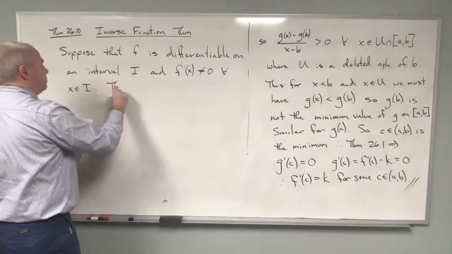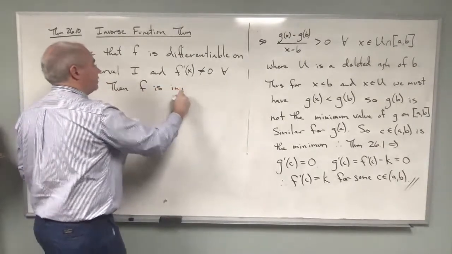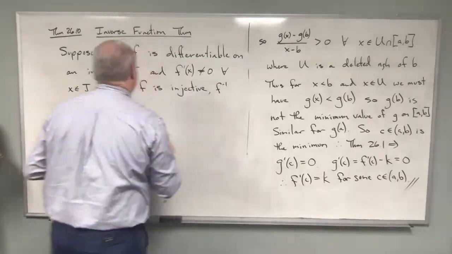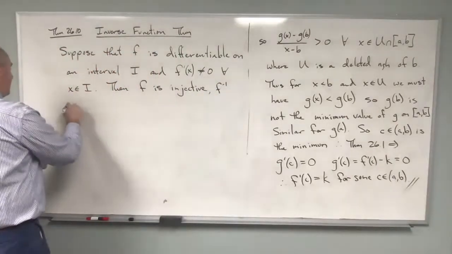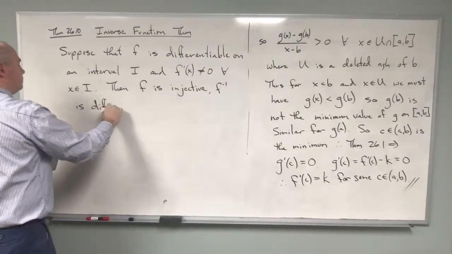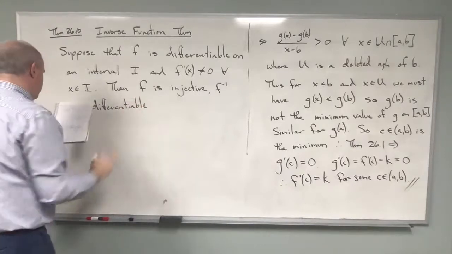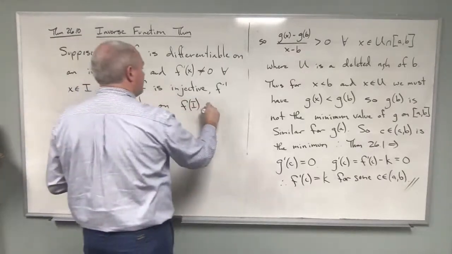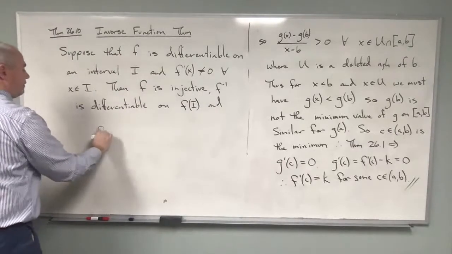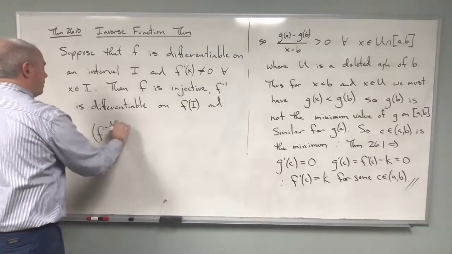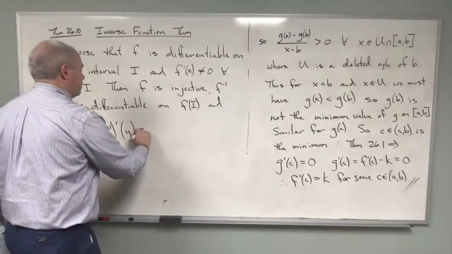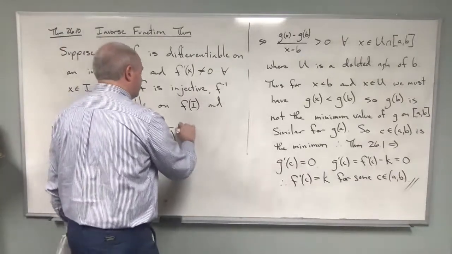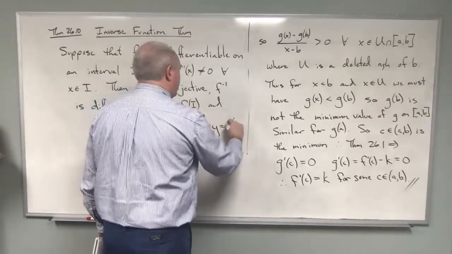Then f is injective, f inverse is differentiable on f of I, and finally the derivative of f inverse at a point y is equal to 1 over f prime of x, where y is f of x.